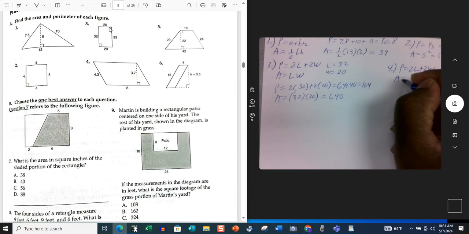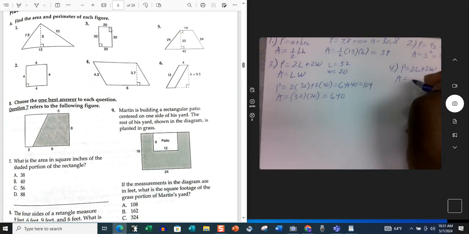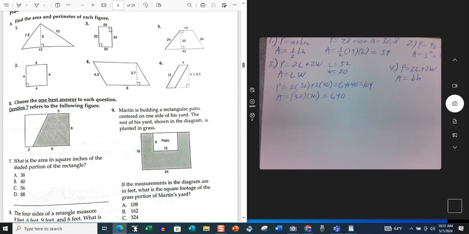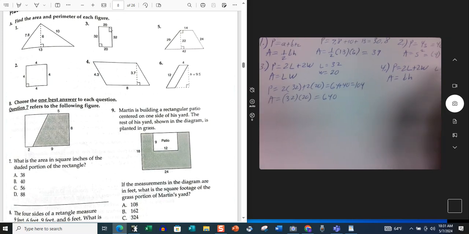Now, as far as area is concerned, the area of a parallelogram is the base times the height. So, now let's take a look. The length and the width here, we'll say the length is 8 and the width is 4.3.